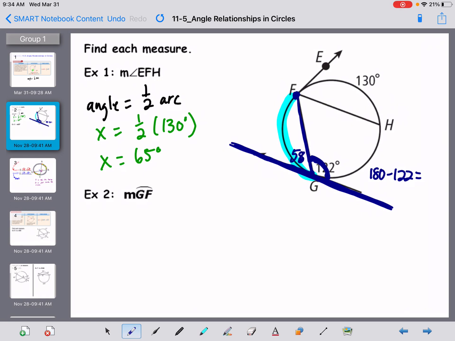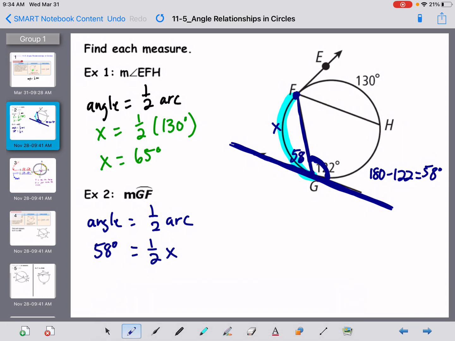All right. So now we're going to go back to our formula. I forgot to put 58 there. The angle equals half of the arc. The arc is what I'm looking for, and that's where I would put an X. The angle is 58 degrees.